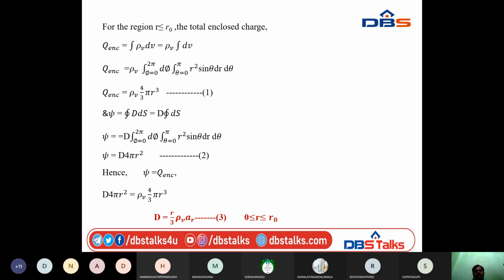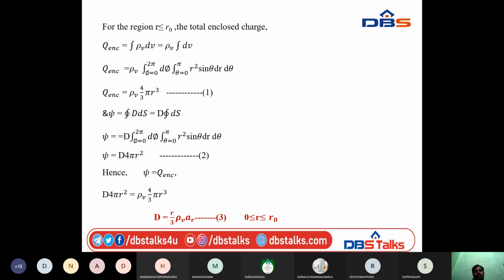D is constant, so it comes out of the integration, and dS is r square sin theta d theta d phi, with phi from 0 to 2 pi and theta from 0 to pi. When you do the integration, you find psi equals D into 4 pi r square. According to Gauss law, psi equals Q enclosed.